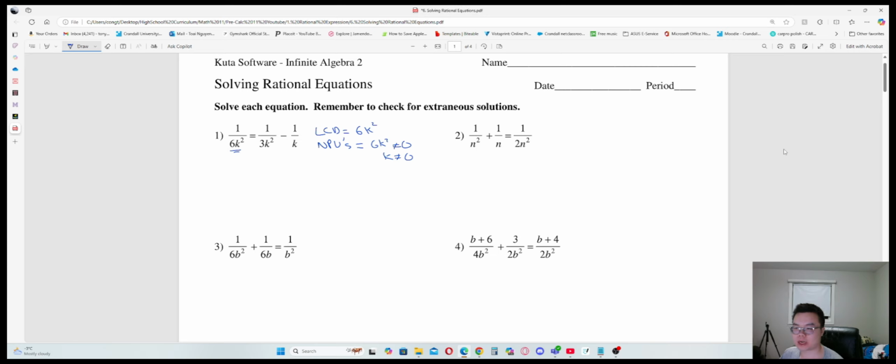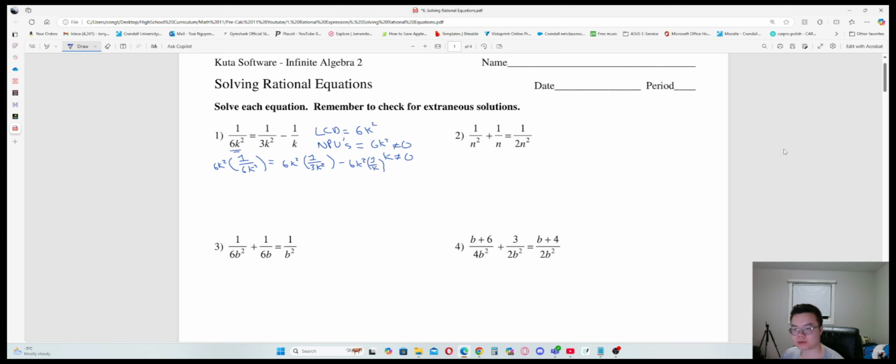Now that I have the lowest common denominator, I just multiply each term by it. So I will have 6k squared multiplied by 1 over 6k squared equals 6k squared multiplied by 1 over 3k squared, minus 6k squared multiplied by 1 over k.